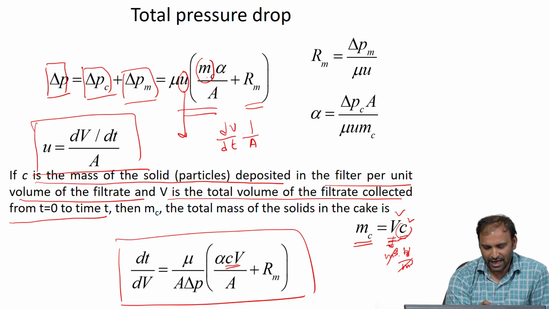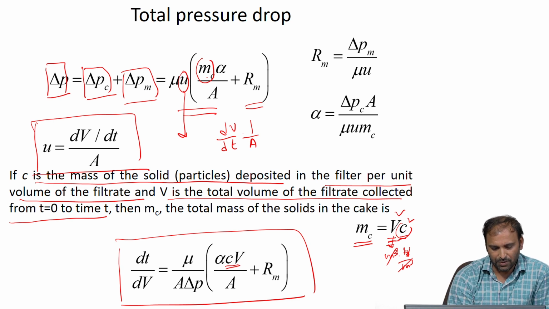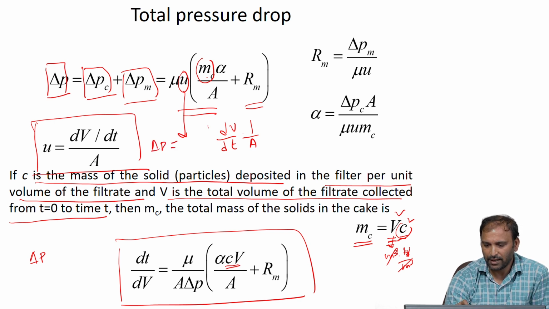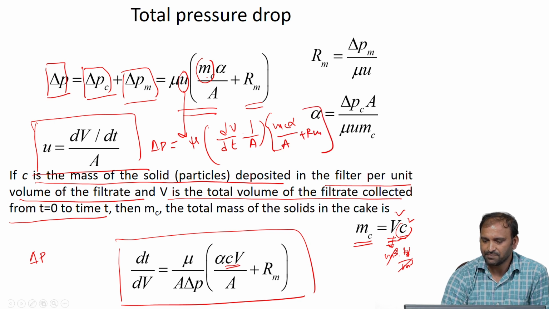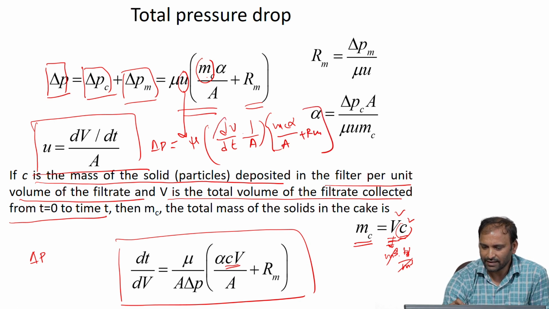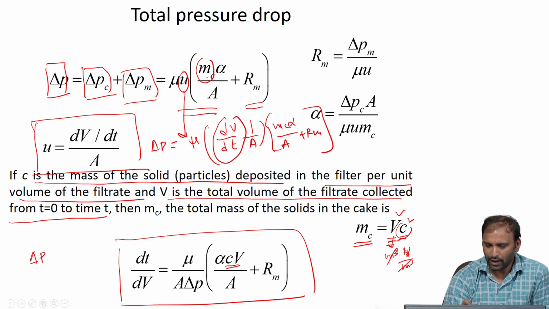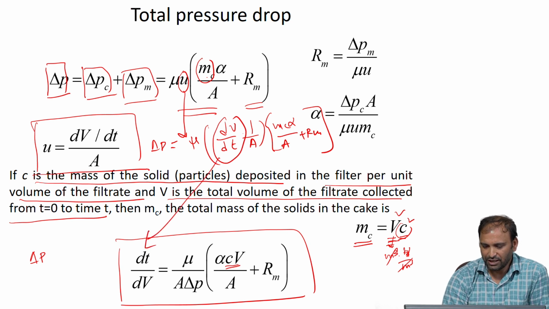And because I have delta P, delta P is equal to dV by dt multiplied by mu into (mc alpha over A plus Rm). Therefore I can get this dV by dt to the other side, that becomes dt by dV.